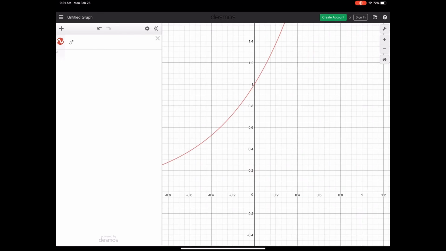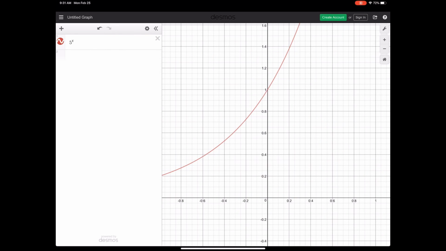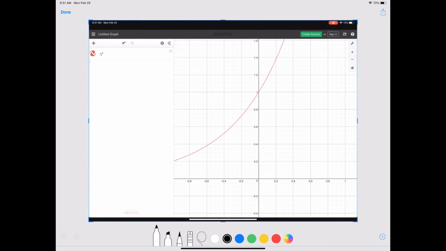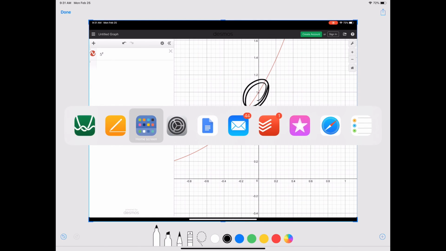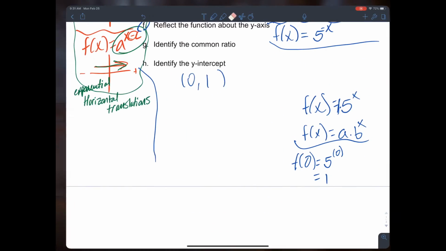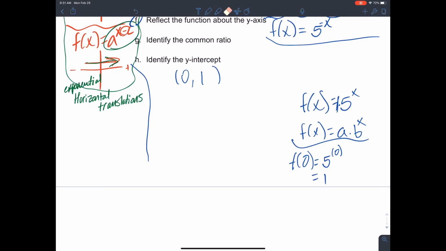It crosses right at 1. You can also see it there too. So identify the y-intercept. 0, 1 is a good answer. Or just, I even would have taken 1.